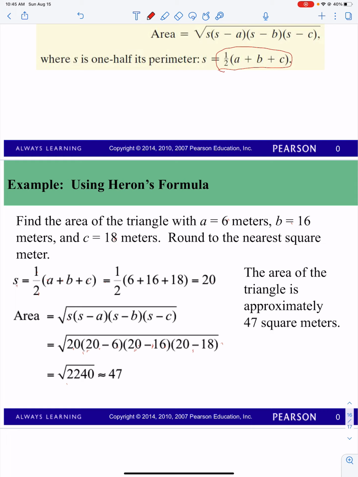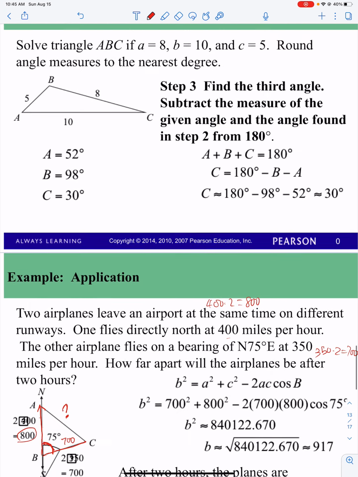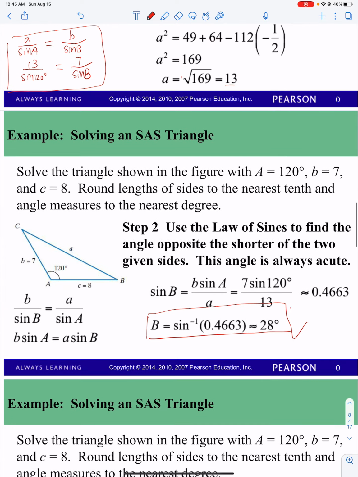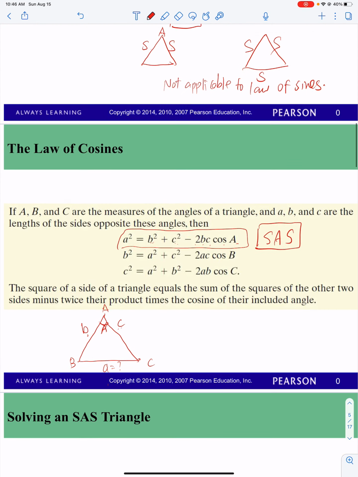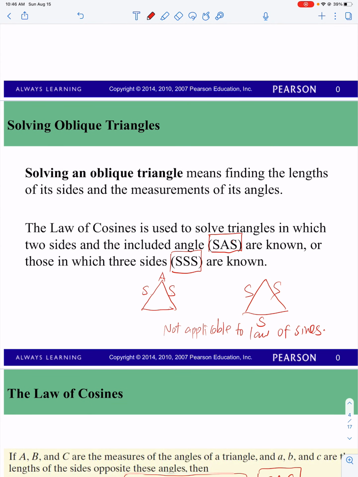Okay, so this is the section for law of cosines. Remember, when will you use the law of cosines? There are two cases, SAS and SSS, yeah? For SAS, after you find the opposite side, you have a pair.